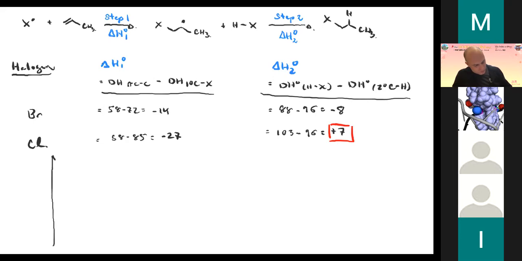So we can plot this. We can put Cl dot plus the alkene, okay? And that's going to go to Cl secondary radical plus HCl. So we have, okay.